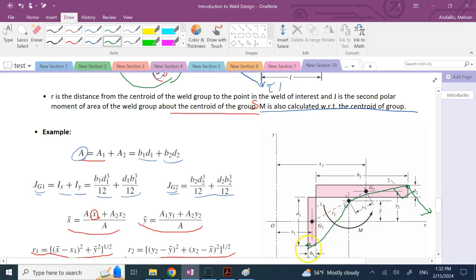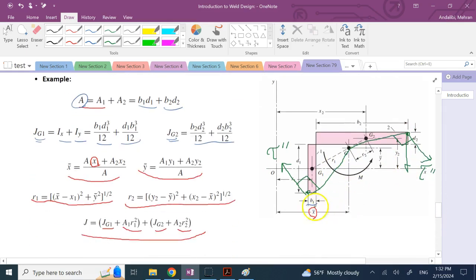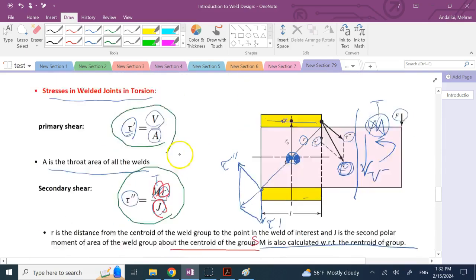See if I can do a better line, and then this is going to be perpendicular to that again. Okay, so that is your tau double prime. Your tau prime in all cases, in this case, could be downward. And then you have to see which one of these will give you the maximum resultant tau and use that for the design. Okay, so this is under torsion.